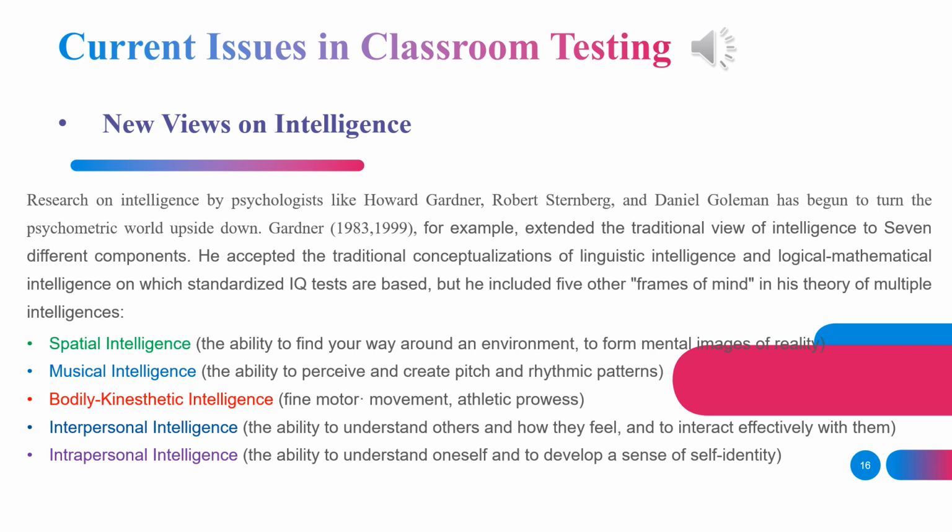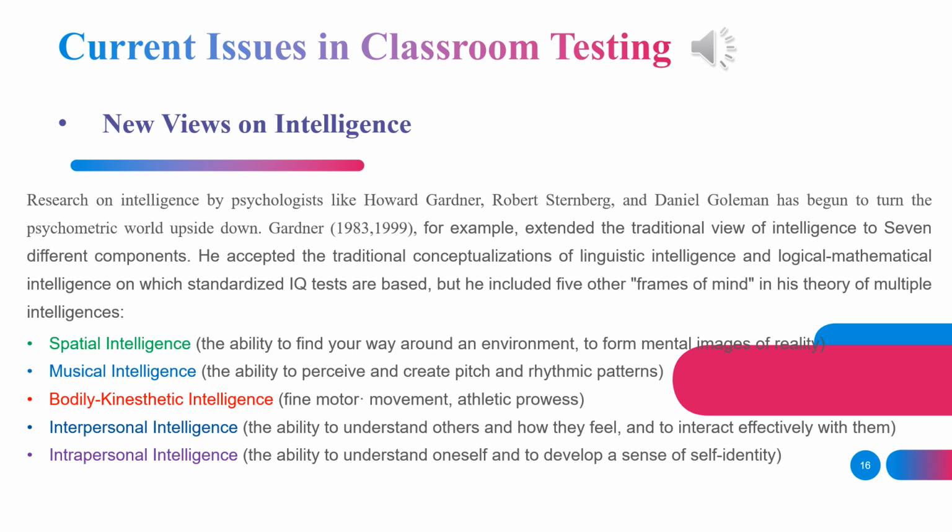He accepted the traditional conceptualization of linguistic intelligence and logical-mathematical intelligence on which standardized IQ tests are based, but he included 5 other frames of mind in his theory of multiple intelligences.